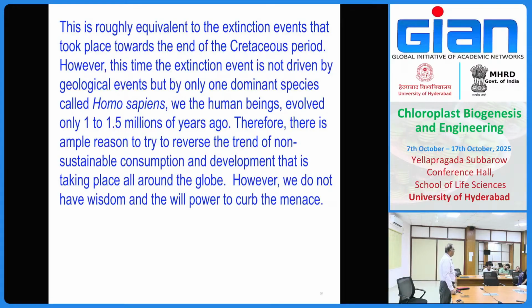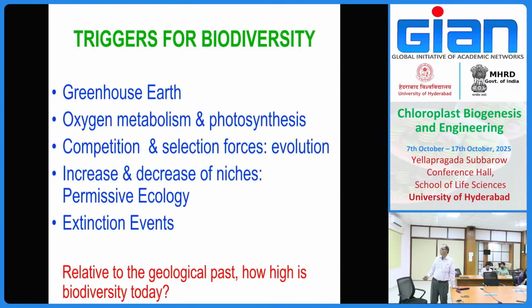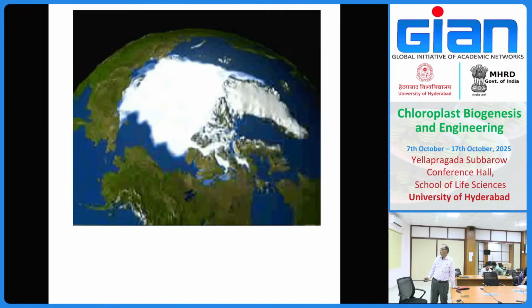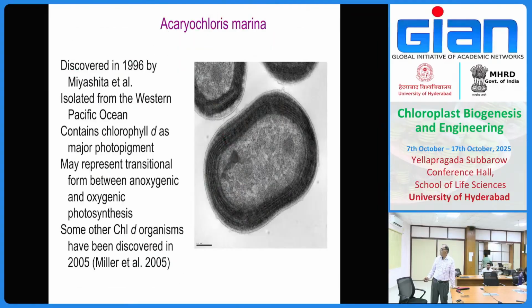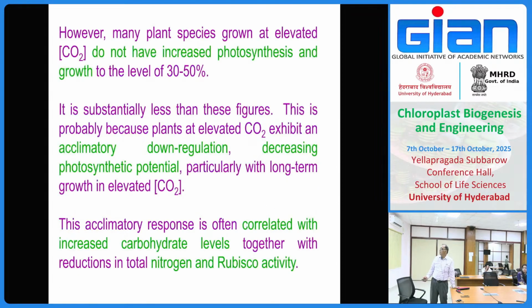With Rubisco, there is always a competition between oxygen and carbon dioxide, so photorespiration is suppressed. But this increase is not always true. There is also down regulation.